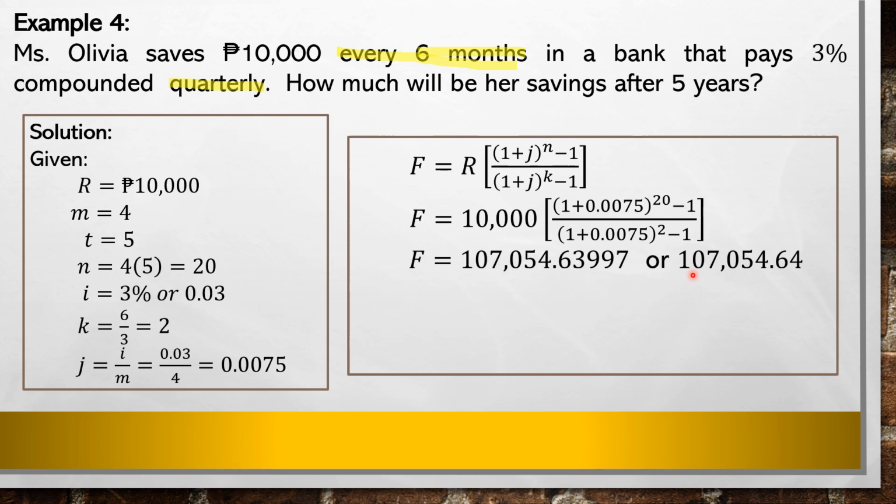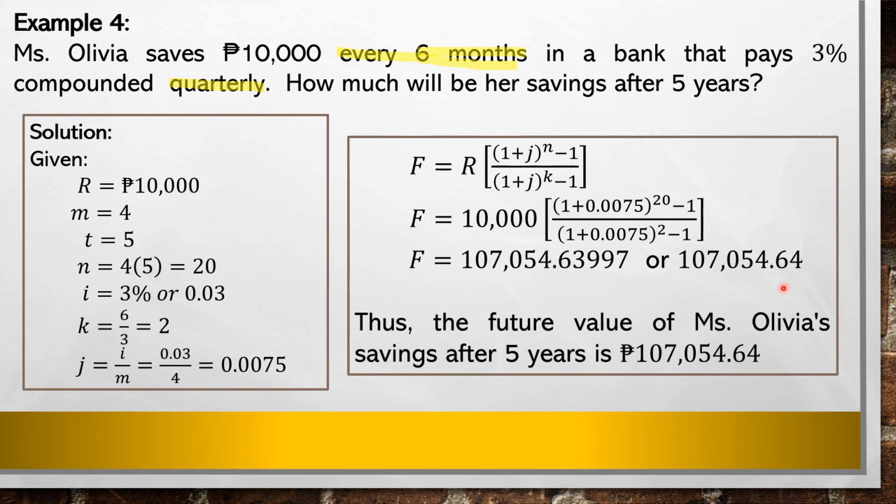The answer we get is 107,054.63997, or rounded off, 107,054.64. So the future value of Miss Olivia's savings after 5 years is 107,054.64 pesos.